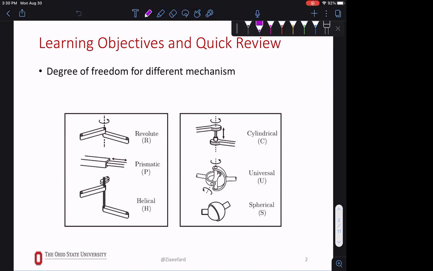Before we get to the formula, the kinds of joints you will see are these six joints. You have seen revolute and prismatic in the first week. We also have helical. So how does the helical work? Let's say this link is fixed. Then you have a worm here, for example, and your other link is rotating on the threads of this worm gear, but the direction of motion is on a straight line, while your object is also rotating.